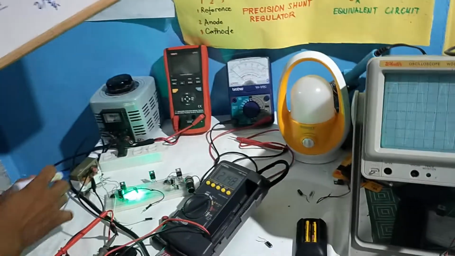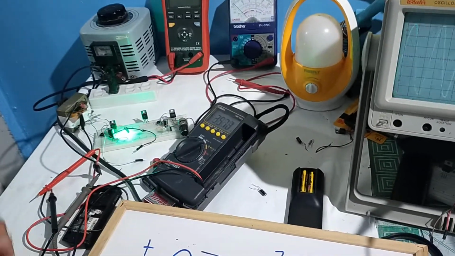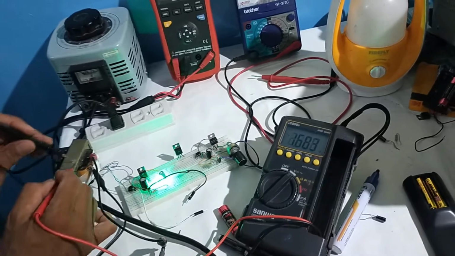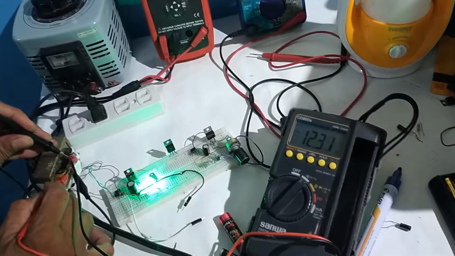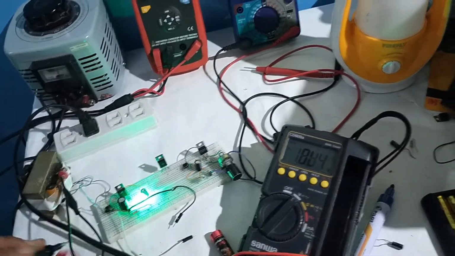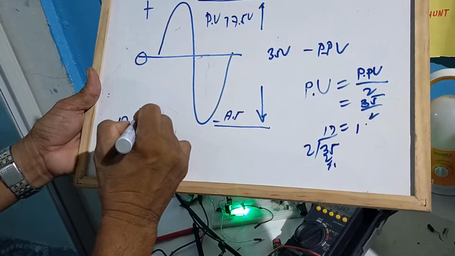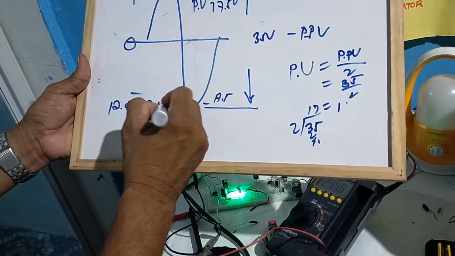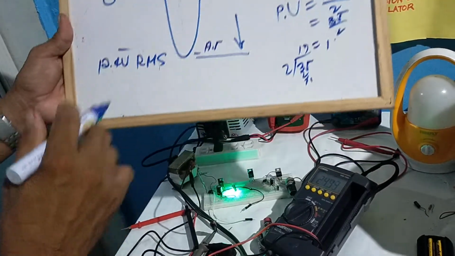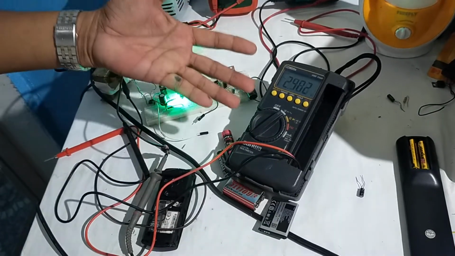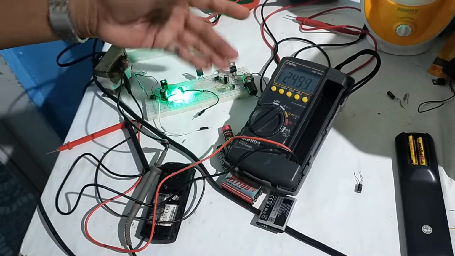But remember that the measured voltage here is 12 volts. 12.4 volts. 12.4 volts is the RMS or root mean square, which is the effective value, which is measurable by our multimeter, DC voltmeter.